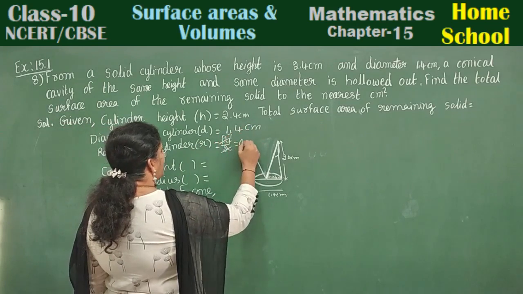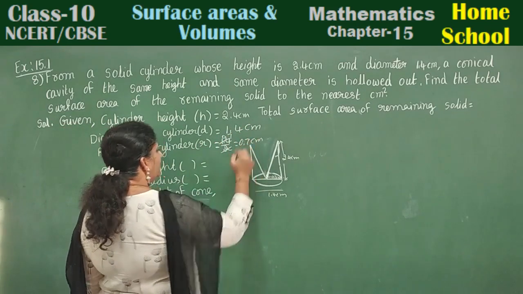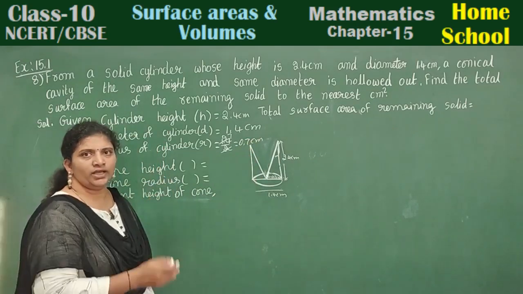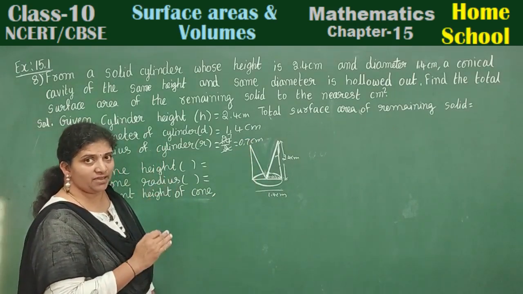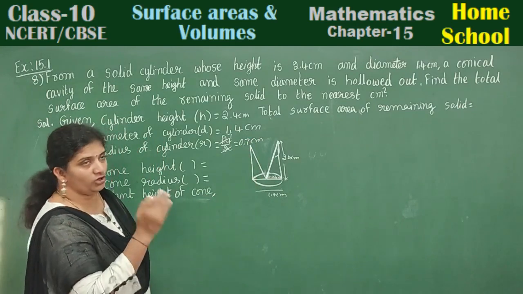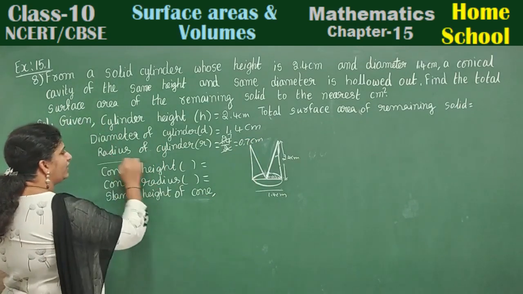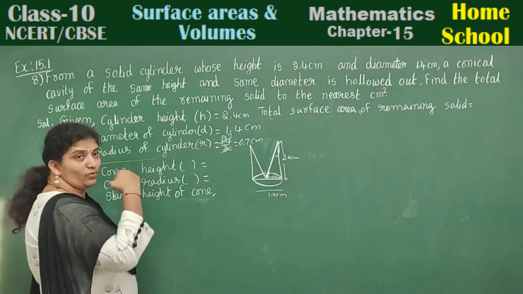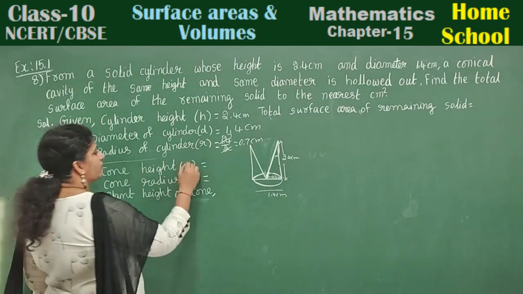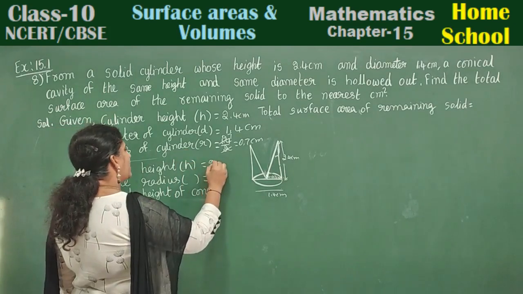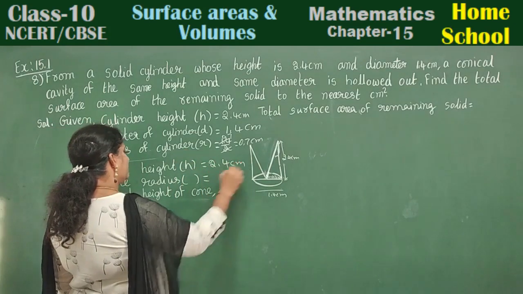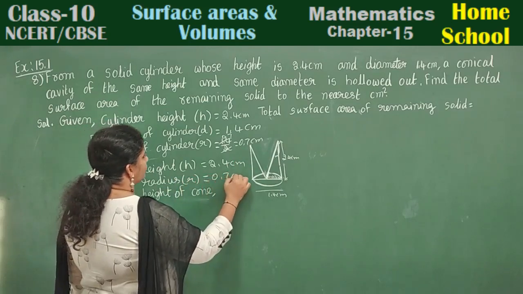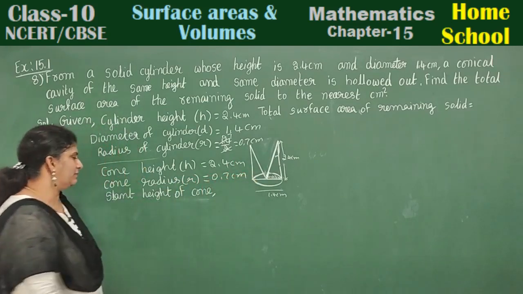That will be 0.7 centimeters. Cone height. Conical cavity of same height and same radius is hollowed out. If you want, you can fill that sentence here. What is that cone height which is equal to the cylinder height? So I can take same H and write 2.4 centimeters and radius also same radius. That will be 0.7 centimeter.